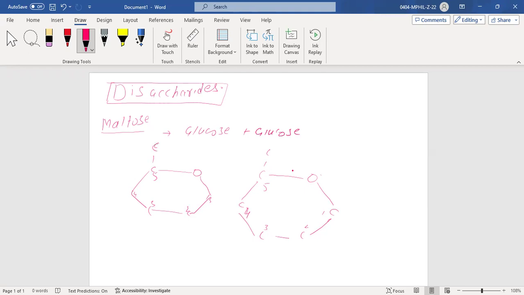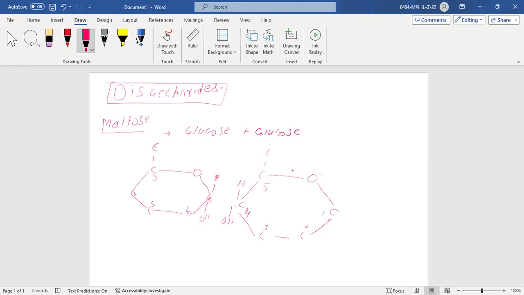For example, here you have OH, and in a similar way, you have another OH on this side. And definitely on this carbon you have hydrogen, and on this carbon you have one hydrogen.